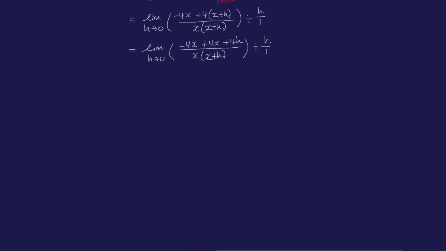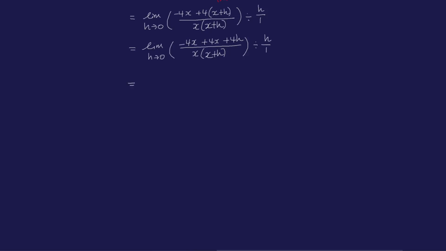So let's simplify a little bit. So the limit as h approaches 0, now we've got the minus 4x plus 4x, that's going to cancel. And so I'm going to have 4h divided by x into x plus h. And then now I'm going to multiply. So I will change that division to multiplication, and I will flip the fraction, so multiplied by 1 over h.